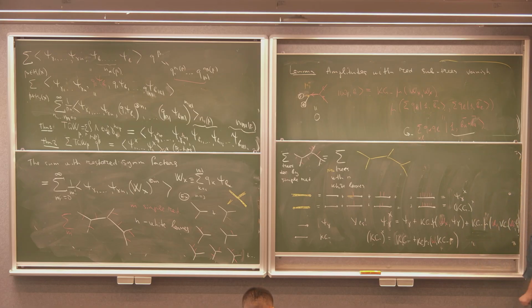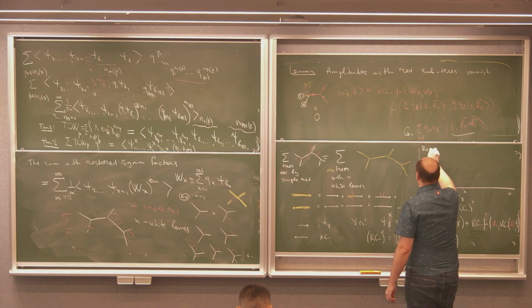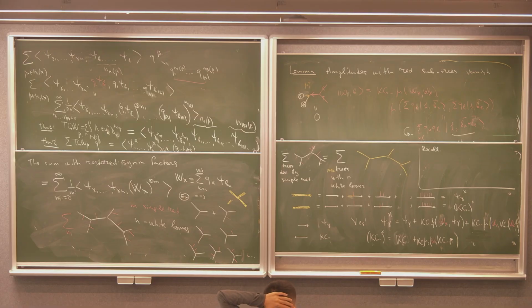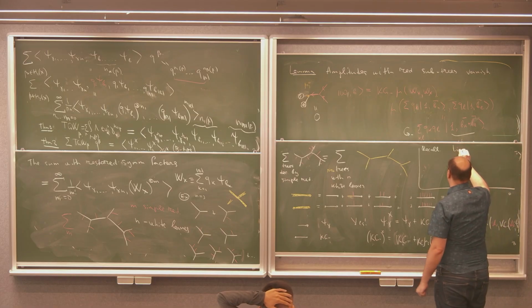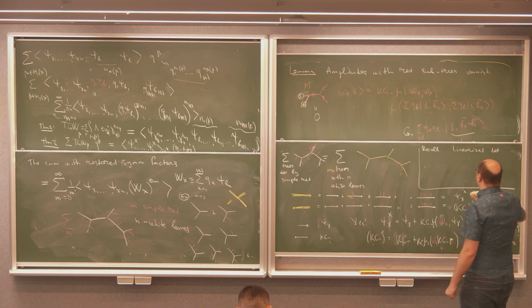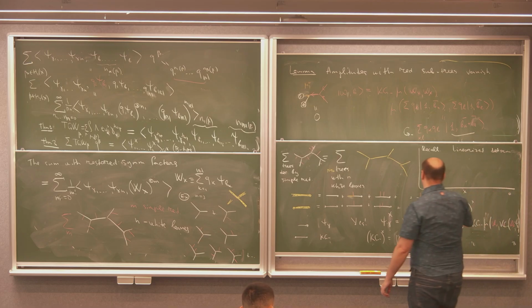Now, let me put it in this corner. Recall from the beginning of today's lecture, we talked about the linearized deformation of HTQM by a state. That was part of this theorem, how to relate a correlation function with n+1 observables to some derivative of a correlation function in the deformed theory with n observables.